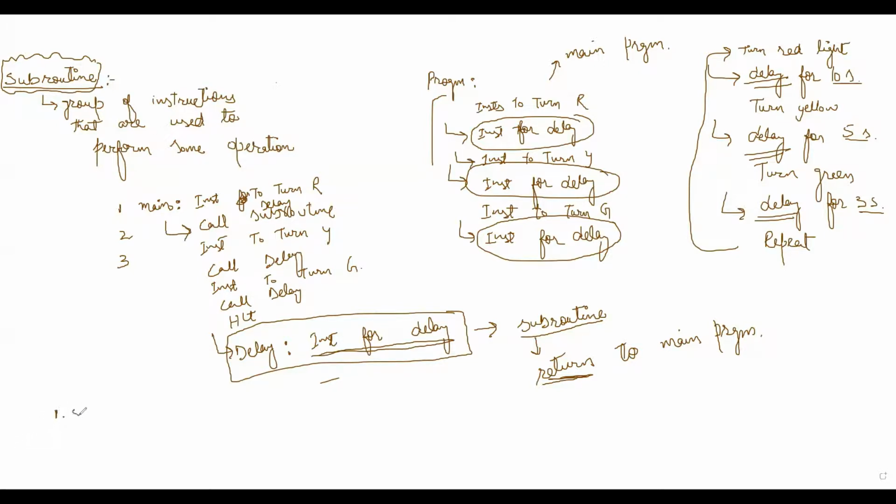First, a subroutine is written separate to the main program, separate to the main section of the program. Second, a subroutine runs only when it is called.